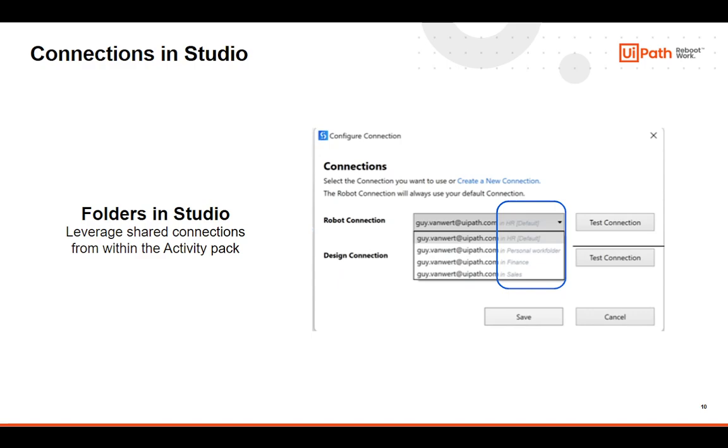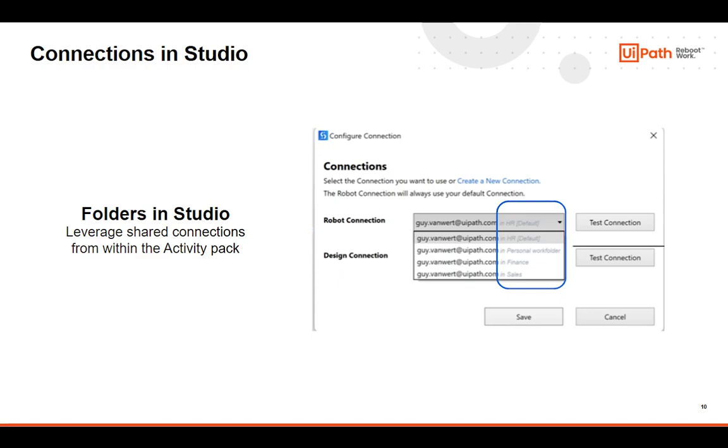Remember that you could change names in Integration Service, but what's really key here from an example perspective is that if we would leave off the folder naming, you wouldn't know which connection to select, because which one is which, right? The one in the sales folder, as an example, might have potentially more sales-specific access than the one in my personal work folder, because that might be a demo account to a Salesforce sandbox, as an example. And so that's really key for us.